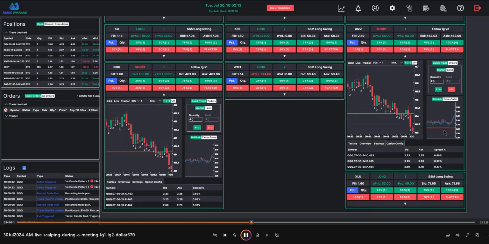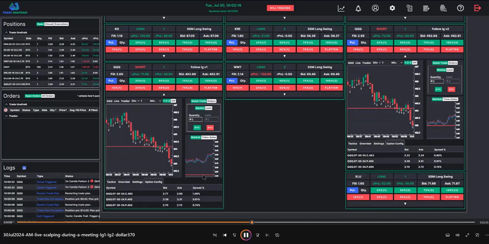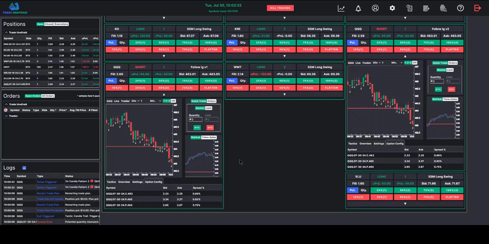But you can see the stops are dynamically moving, and the candle trail also is. And I think now you can actually hear me in a meeting in the background.